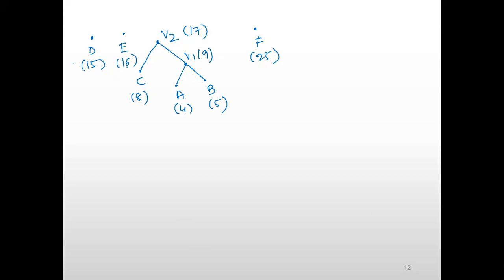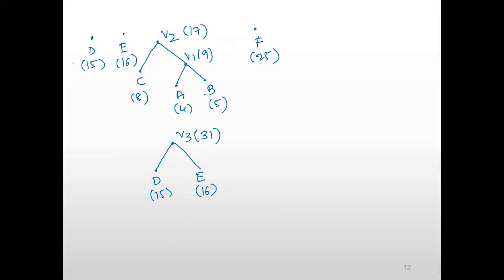And the next minimum weights are 15 and 16. Let's add them and assign to the new vertex V3. We are adding 15 and 16 with the labels D and E respectively. By adding 15 and 16, we are going to get the value as 31.